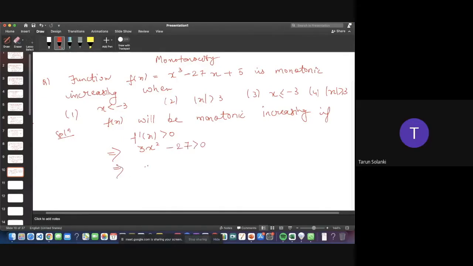So it means x square is greater than 9. So mod x is greater than 3, right? Mod x is greater than 3. So it means option number 2. Okay, so copy this.